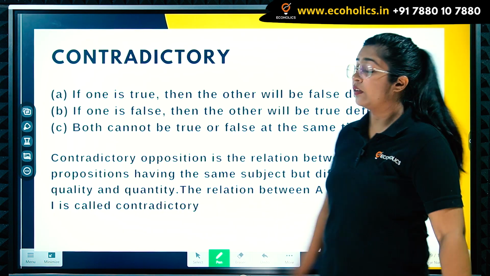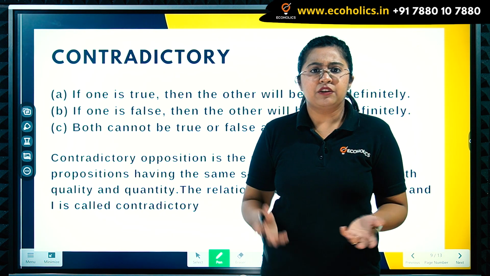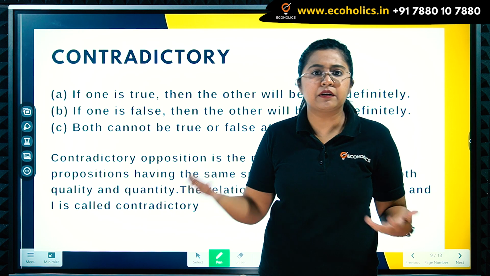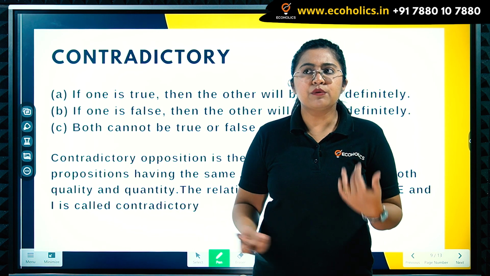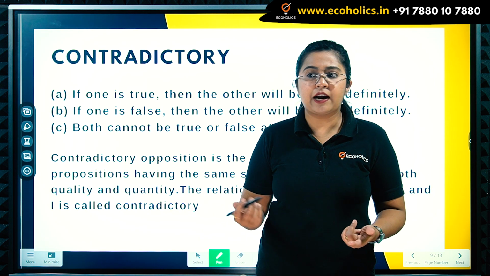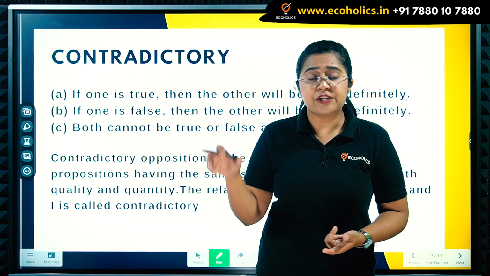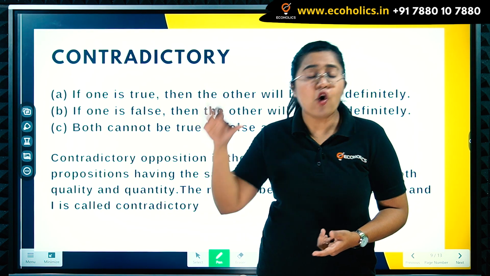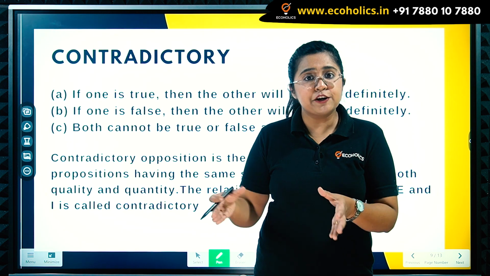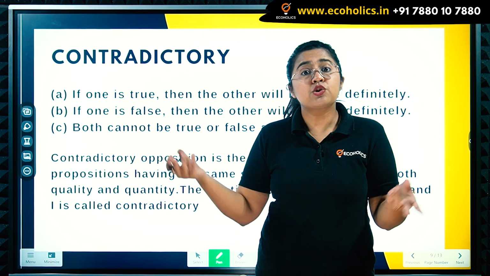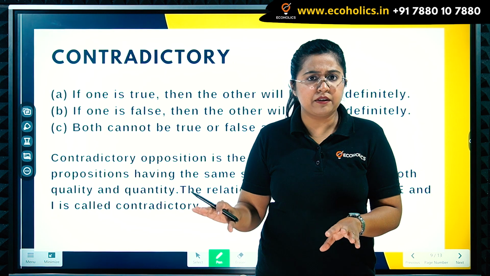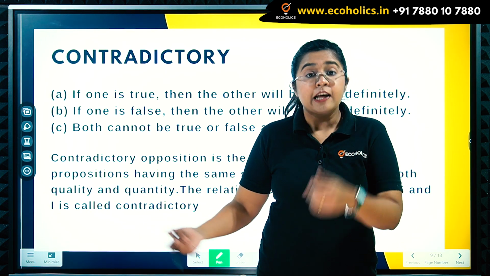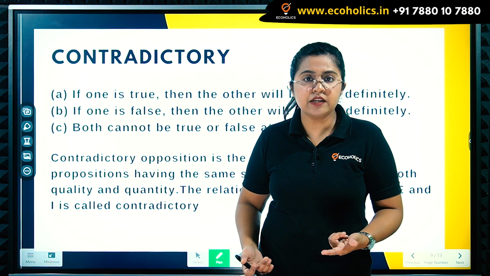Now, contradiction, usually when we talk from the point of view of an English grammatical statement, we use contradiction to mean that something which has been mentioned, and if another thing is totally opposite, or a statement is totally behaving in the opposite manner from which it was behaving earlier, then that becomes a contradiction, right?